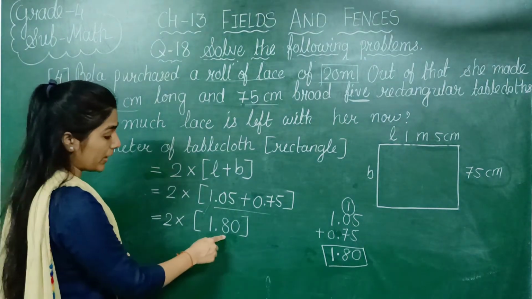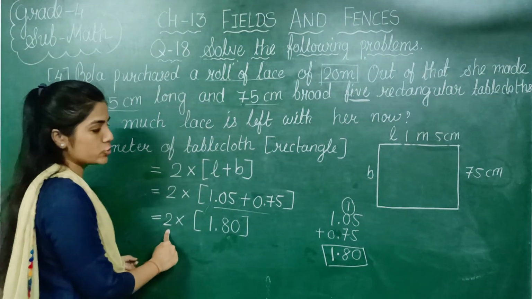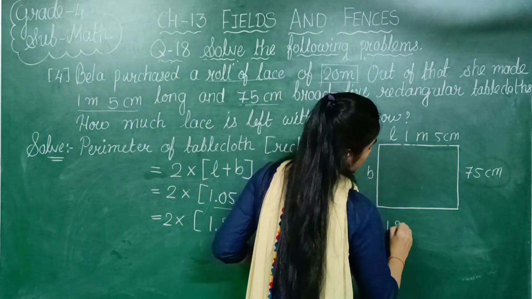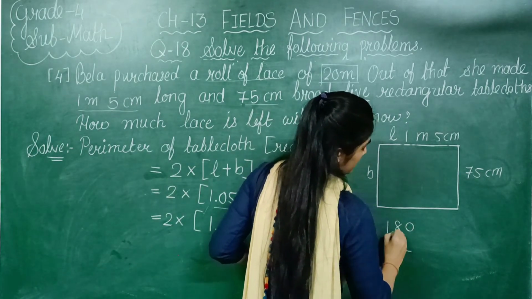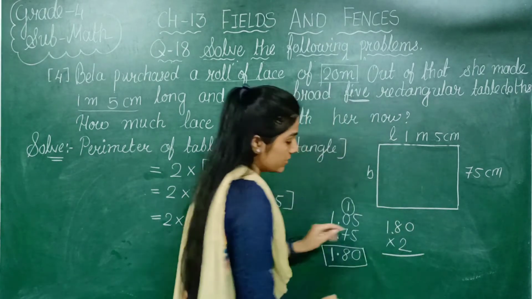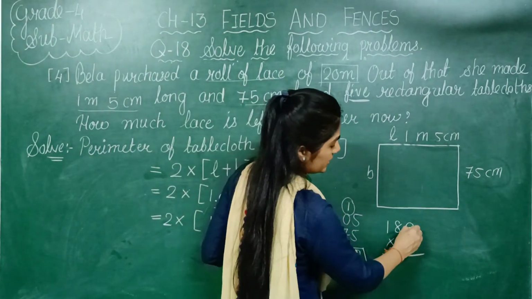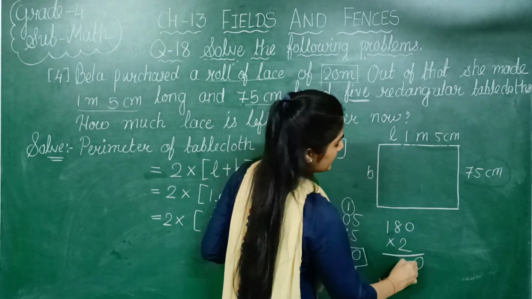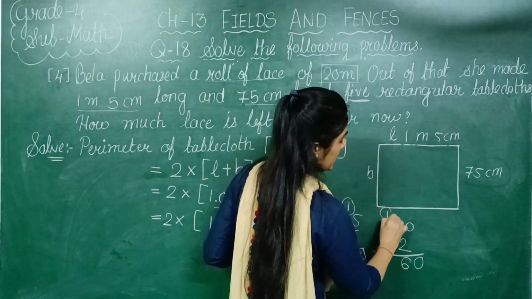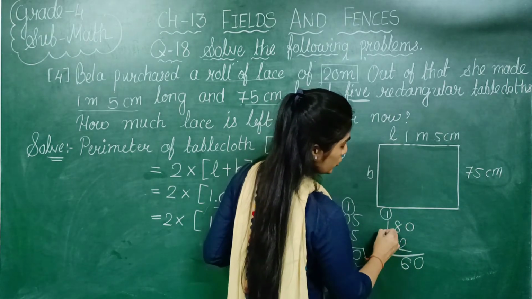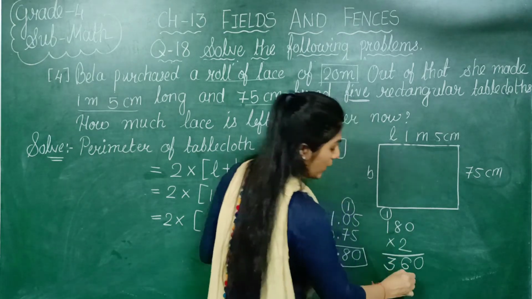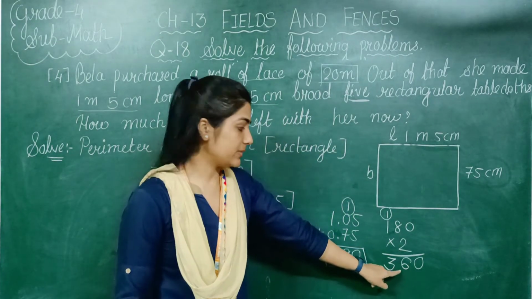Now 1.80 multiplied by 2. See, suppose right now you are not writing this point. So the multiplication: 0 2s are 0, 8 2s are 16, 1 carry, 2 1s are 2 plus 1 is 3. Now you have to keep the decimal point.